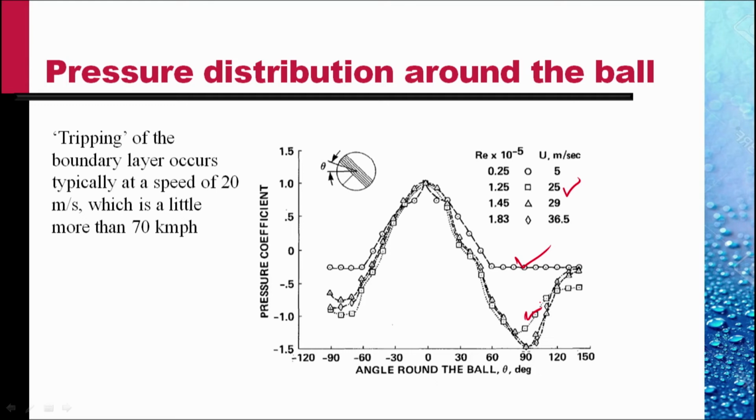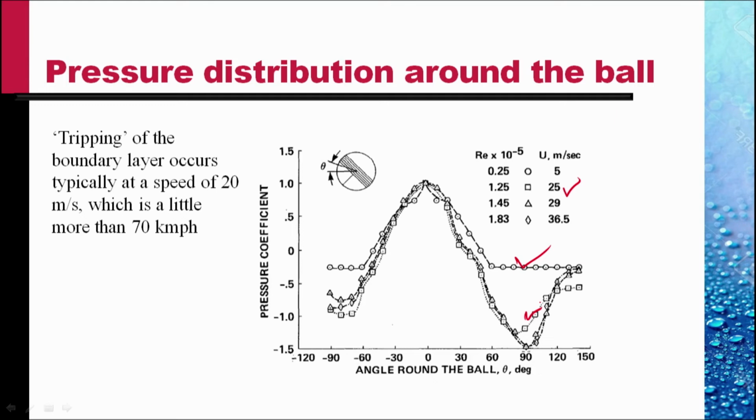Tripping of the boundary layer occurs typically at a speed of 20 meters per second, which is a little more than 70 kilometers per hour. So there would not be a swing if the speed of the ball is less than 70 kilometers per hour.